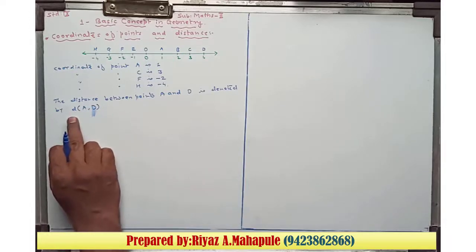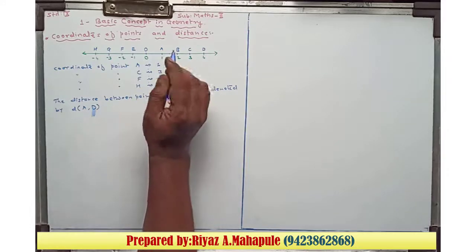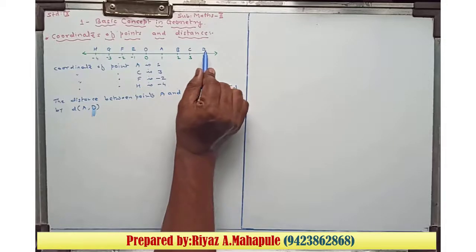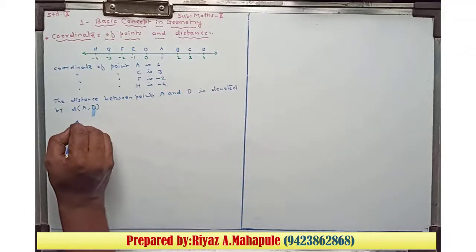D stands for distance. A comma D means we have to find the distance between point A and point D. Here the coordinate of point A is 1 and the coordinate of point D is 4.